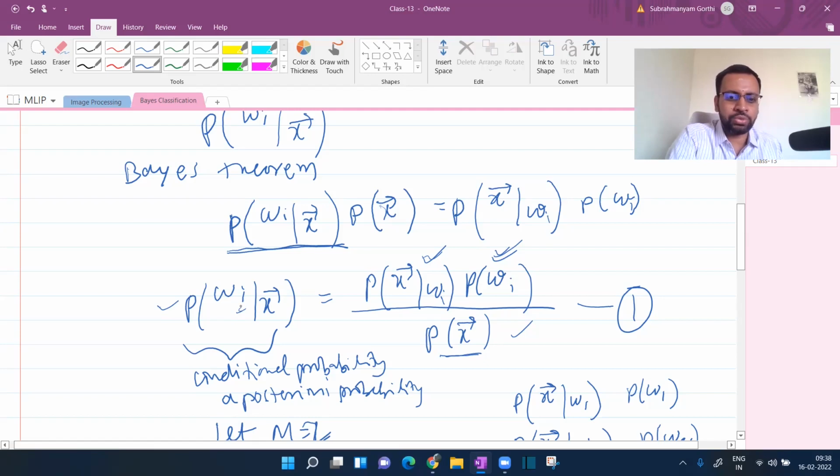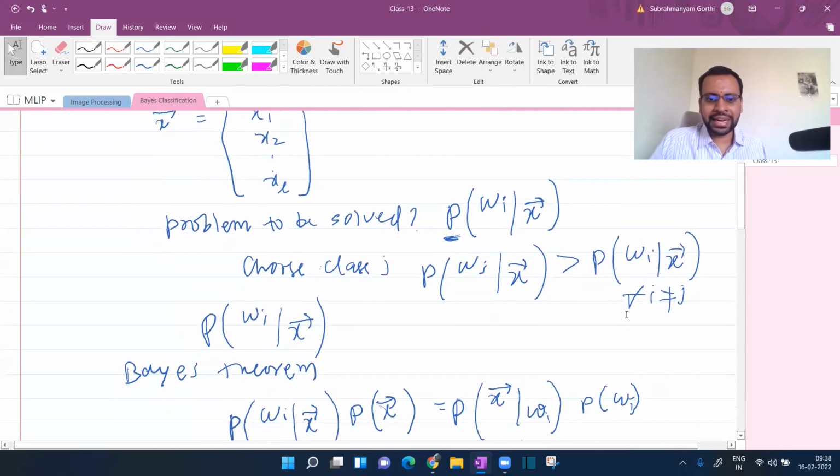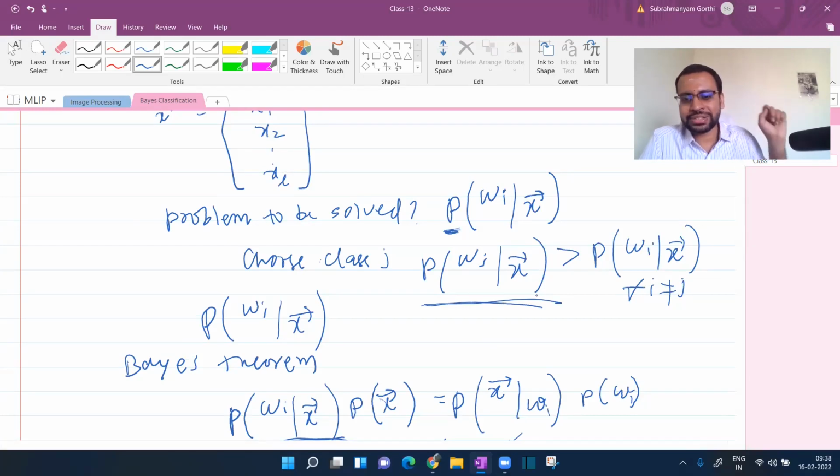Then you vary i equal to 2, and these terms will be different. You compute that, and then what did we say in the very beginning? You choose the class which has the maximum one. That's all. That will tell you to which class this new sample belongs.